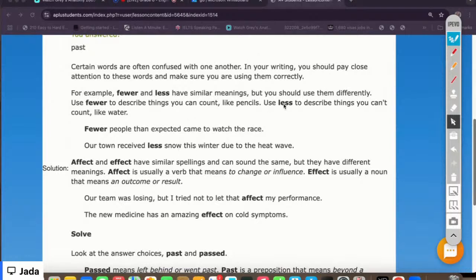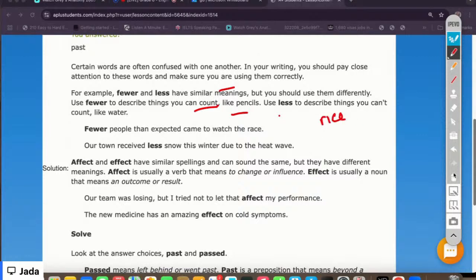All right, so for example, here we have fewer and less. They have similar meanings, but you should use them differently. So you use fewer to describe things you can count, like pencils, and then less describes the things you can't count, like water, or rice.